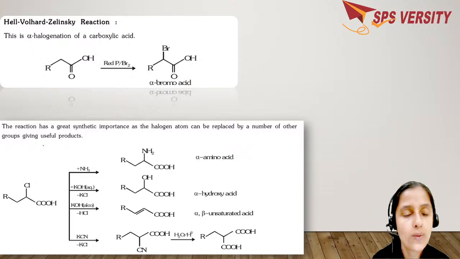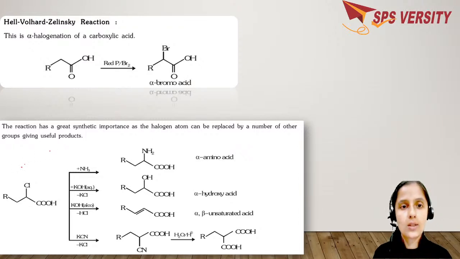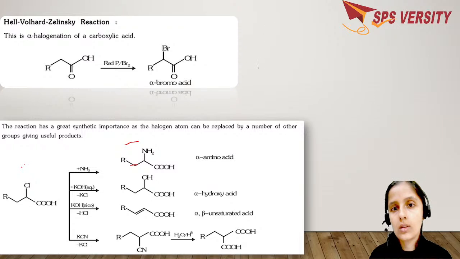Once again, this is the Hell-Volhard-Zelinsky reaction, where you are going to take a carboxylic acid with alpha hydrogen and treat it with red phosphorus and bromine. For example, if you take CH3 C double bond O OH, you are going to treat it with Cl2 over red phosphorus. This is the functional group now.